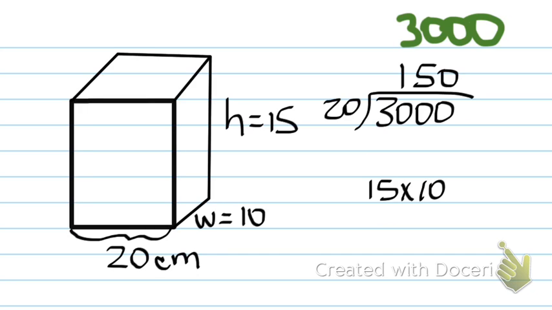All right, so 15 times 10 times 20 would give me the 3,000 in the volume that I'm looking for. Now, I need to see what my surface area for this box will be. So to do that, I've got to multiply the length and width of each of the three different sides.